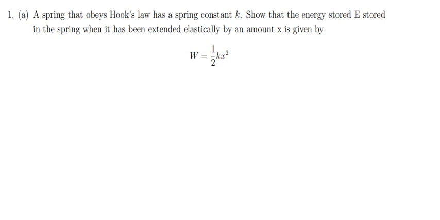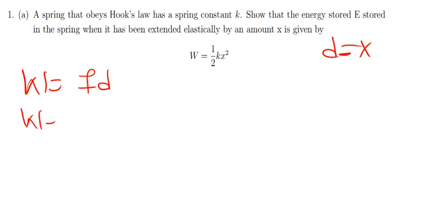Now another method which I can show you on how you can come up with this formula is by using integration. Using integration, I can clearly see that work is equal to force times distance. The distance we're talking about here is the x. So work will be equal to the force times x. I can integrate both sides.